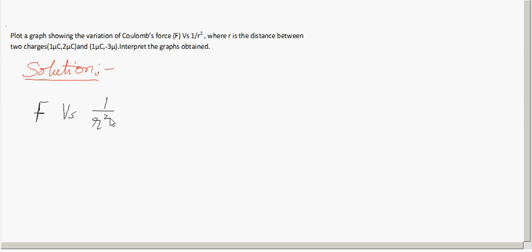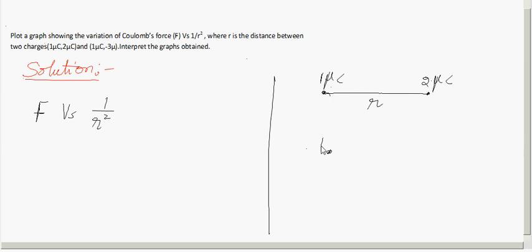Two pairs of charges are given. One is 1 microcoulomb, 2 microcoulomb, another one is 1 microcoulomb, minus 3 microcoulomb. So we have a combination of one charge here, 1 microcoulomb, distance of both is r, 2 microcoulomb. The second pair is 1 microcoulomb, same distance, minus 3 microcoulomb.